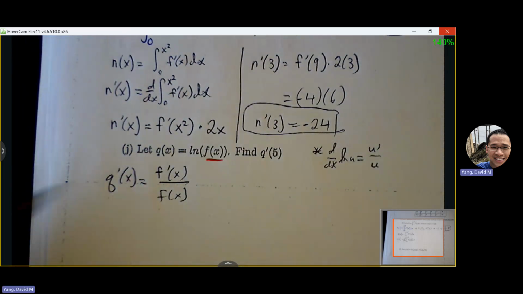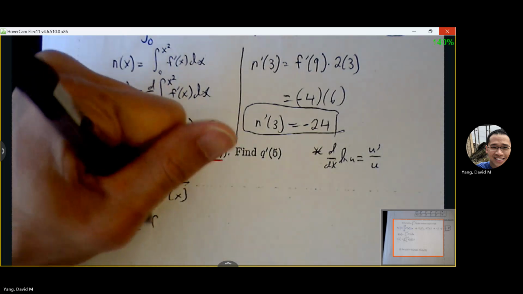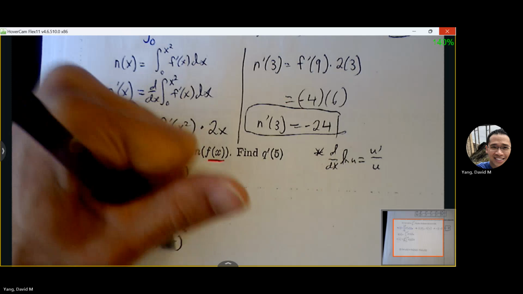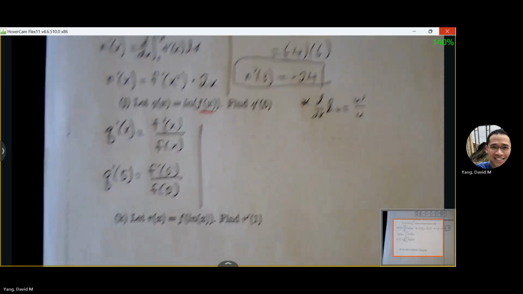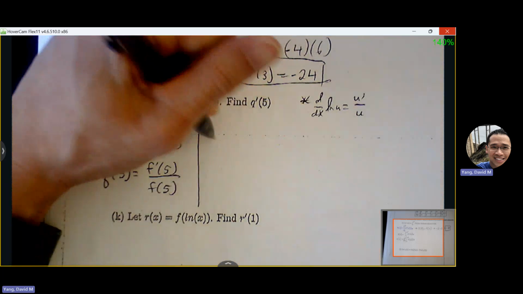Replace all the x's with 5. So f prime of 5, we go to our table. F prime of 5 is 6. F of 5 is 4. So 6 over 4.